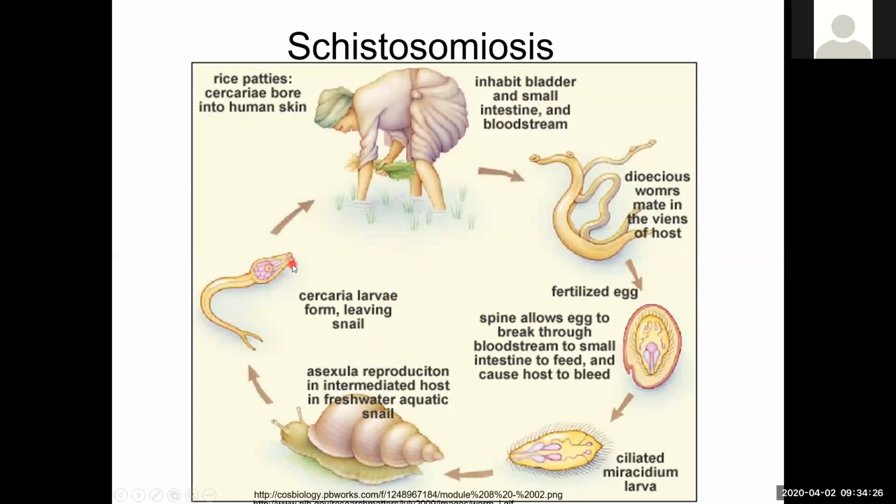It will seek heat and go and embed in the first skin it has found, usually causing a rash. But then we get the infection that travels in the bloodstream and then eventually will seed itself in small intestine and bladder. This is also known in our neck of the woods or geographic location as swimmer's itch.